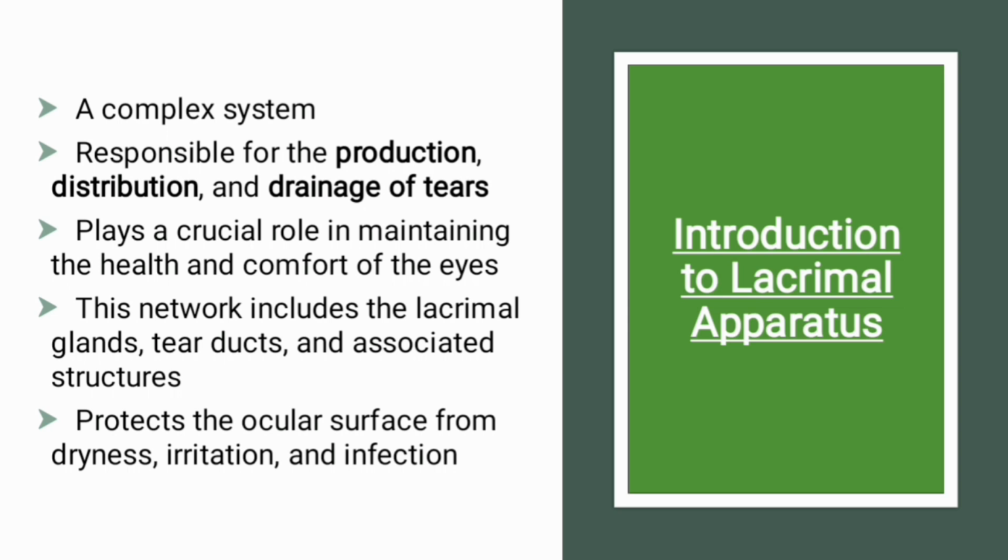Then the associated structures include the punctum, from where the drainage system starts, right? So punctum, then canaliculi, and later a lot of structures we are going to discuss today in this video. So don't worry about it, right?